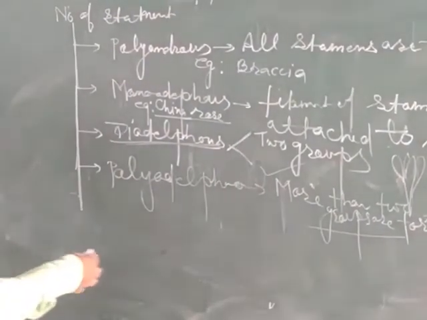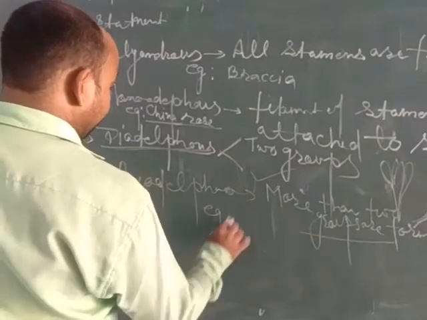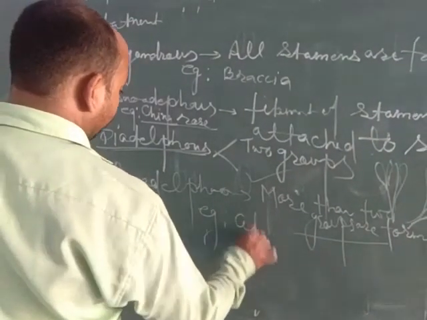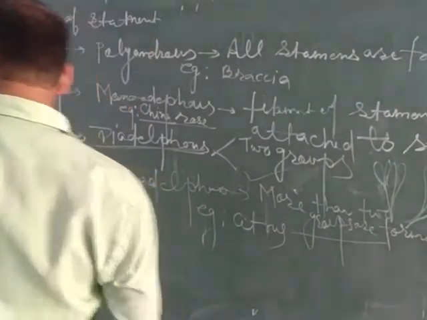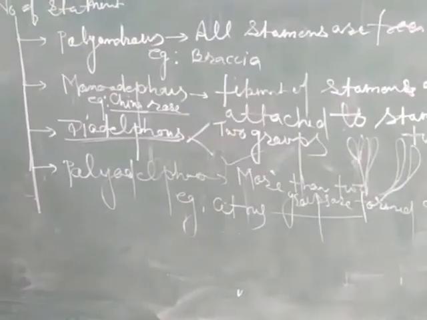This situation is called polyadelphous. An example of polyadelphous condition we can take is citrus fruit. Citrus fruit shows this type of arrangement of filaments.